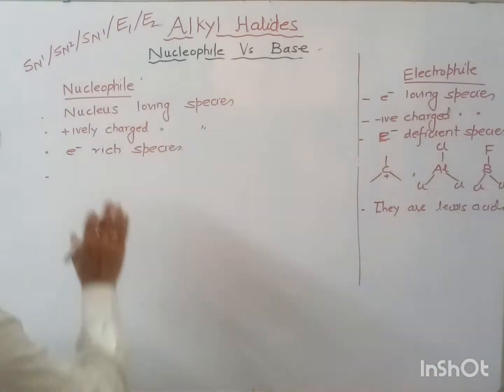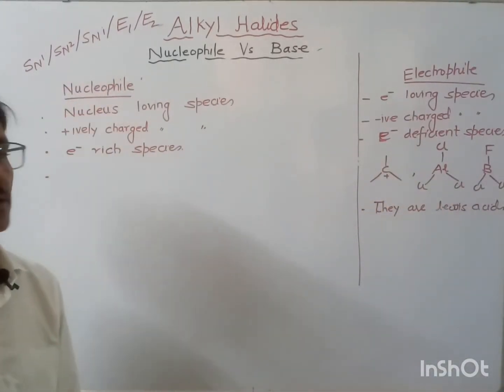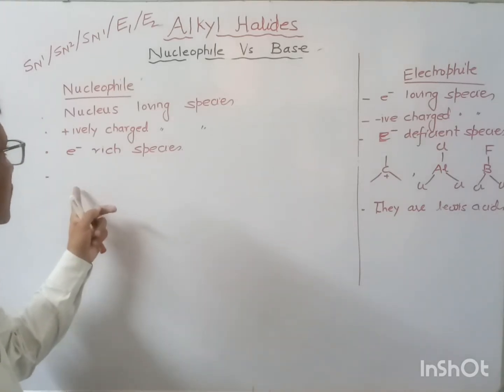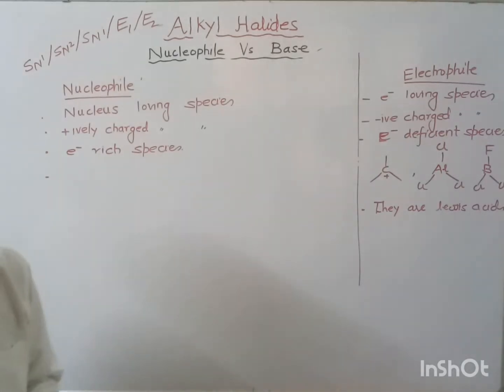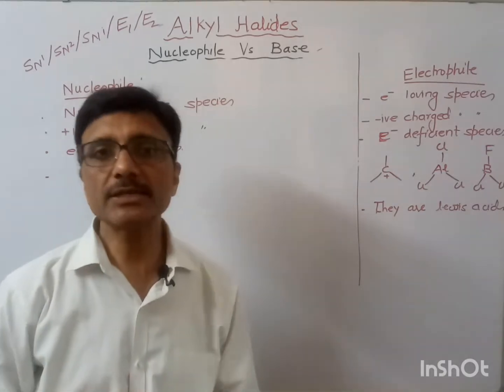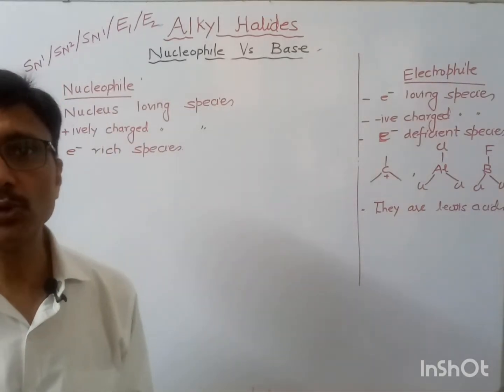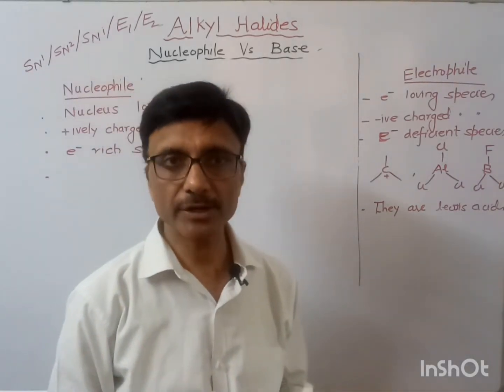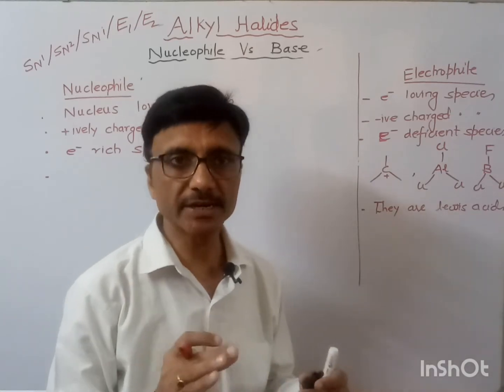Whereas if we see the nucleophile, these are electron rich species, which donate their electron pair to the electrophile, usually at the electron deficient carbon center.